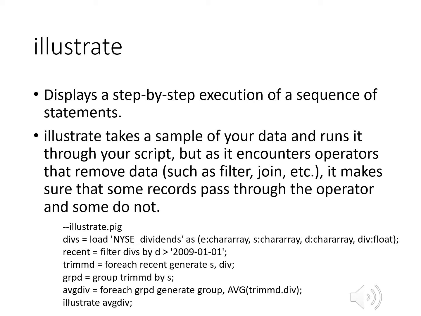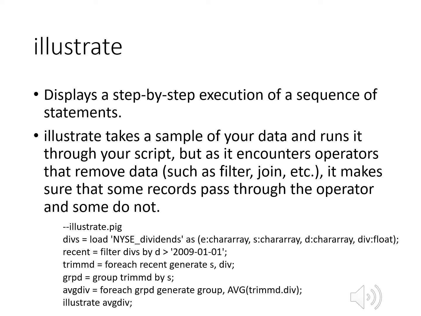For example, if we have a join, we have to be careful to sample some records from each input, such that at least some of them have the same key. Otherwise, the join will return no results. To address this issue, Yahoo Research built Illustrate into Pig.